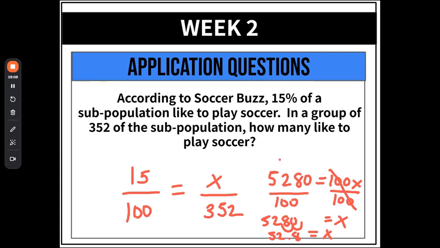So since we can't have 0.8 of a person, we're going to go ahead and round up because 8 is bigger than 5 according to our rounding rules. Since this is bigger than 5, that will make this number right here go up. So our rounded answer will be 53 people.